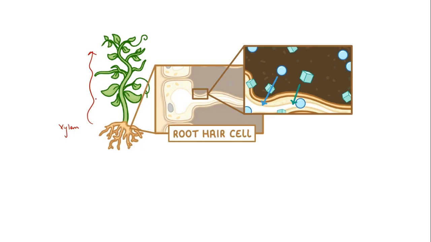Not only does water have significance in transporting mineral ions through the xylem vessel, but water also has a role to play in transporting food with the help of phloem tissues. Phloem tissues are present in the stem and in leaves too.